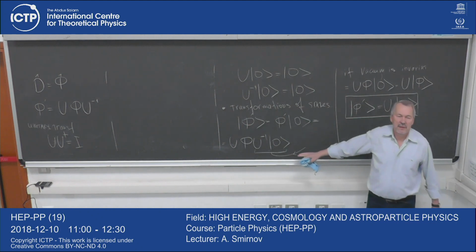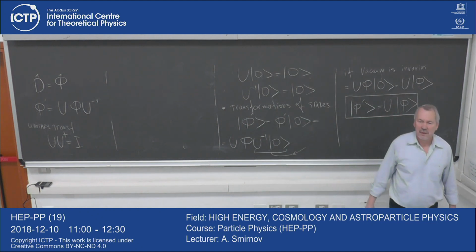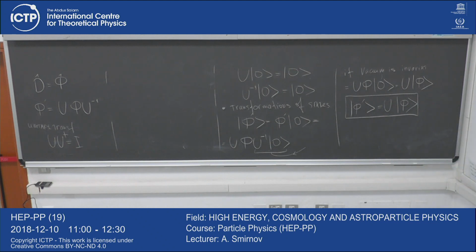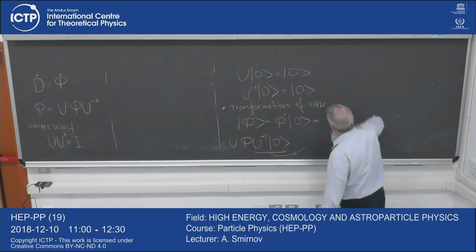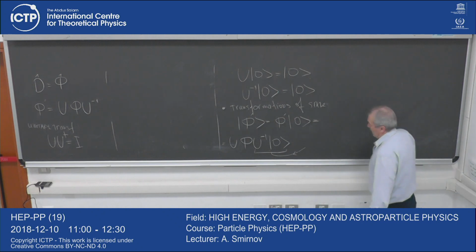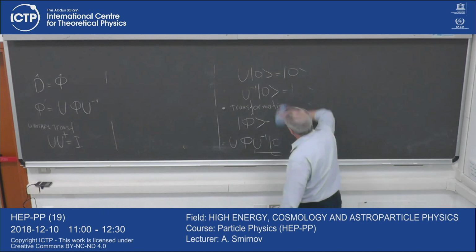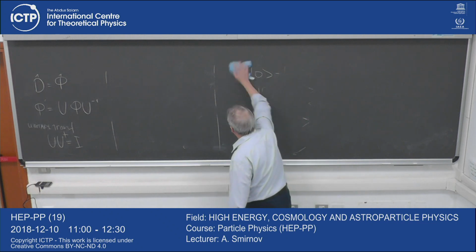So in the case of spontaneous symmetry breaking, this is not correct. So vacuum changes. This is actually how the symmetry is broken in the standard model. And maybe some other symmetries also are broken in this way.